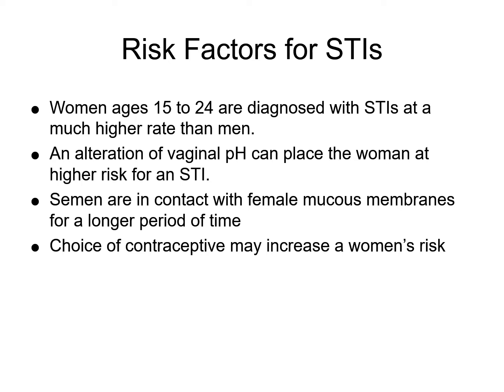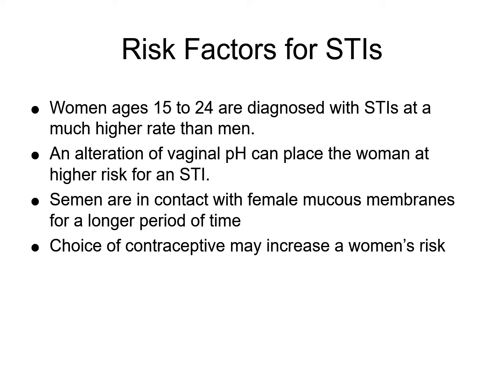This can result in an increased risk during this time for infections in the upper genital tract, like pelvic inflammatory disease. The use of oral contraceptives alters the cervical secretions, resulting in a more alkaline environment in the vagina, and therefore a more favorable setting for the growth of organisms that can cause sexually transmitted infections.